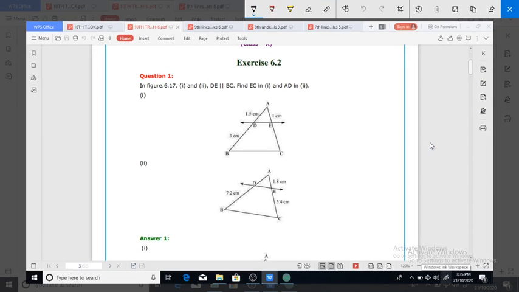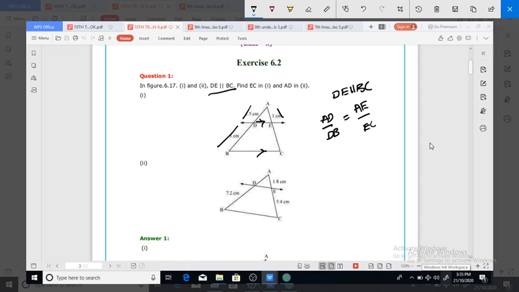What about the proportionality theorem? If DE is parallel to BC, we write proportionals: AD divided by BD is equal to AE by EC.